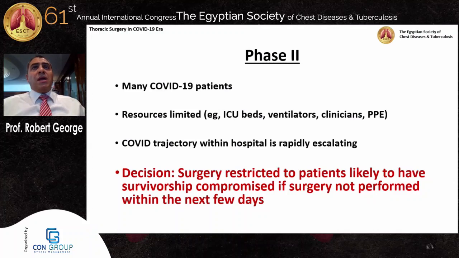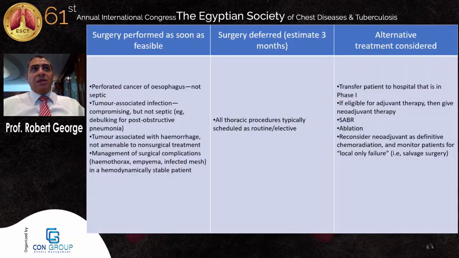In phase 2 of the disease, when there are many COVID-19 patients and the resources have started to become limited, for example ITU beds, ventilators, clinicians, and PPE have been affected, and the COVID-19 trajectory within hospital is rapidly escalating, and I'm saying already within hospital, not in the community, then we can restrict surgery to patients who are likely to have survivorship compromised if surgery is not performed within the next few days.